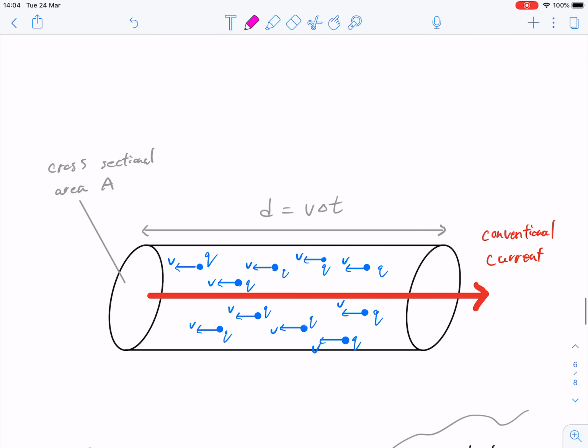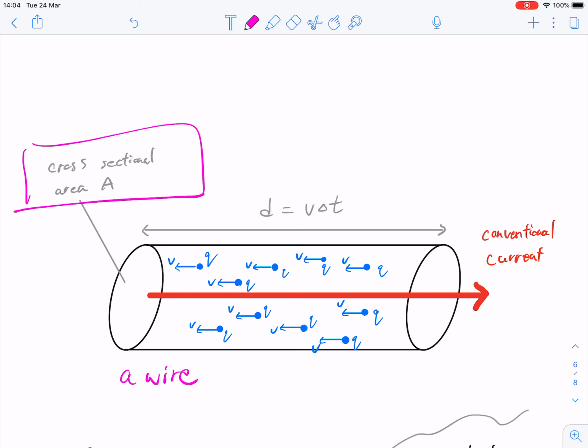Okay, so to really understand everything we've talked about, here we actually have a copper wire, maybe, a wire. So this could be any wire, but usually it's copper. Okay, so we have a cross section of a wire. So we have the area of the wire. This is the length of the wire. So D is the length of the wire.